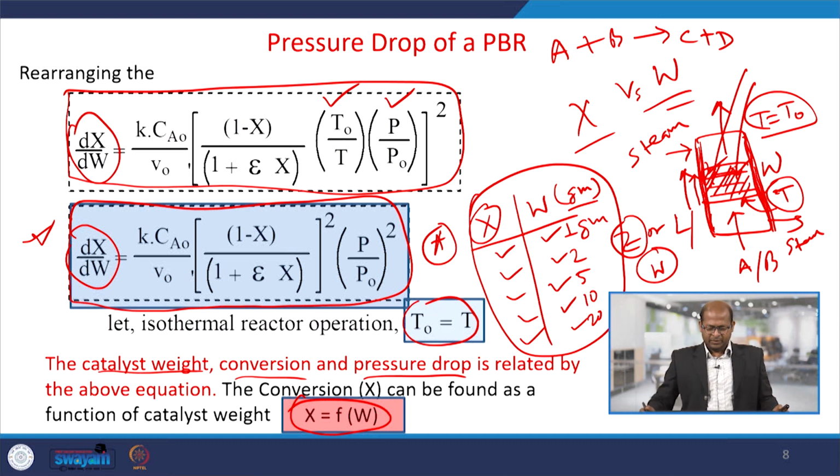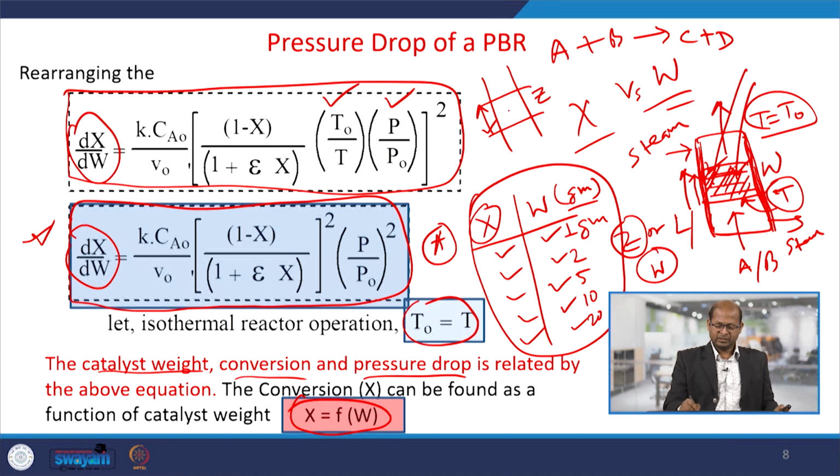We will discuss how the catalyst height or length relates to weight. Here z is the length and this is the weight of the catalyst. If z is this, the catalyst would be this amount. If we further increase the amount of catalyst, z would be a little bit higher.